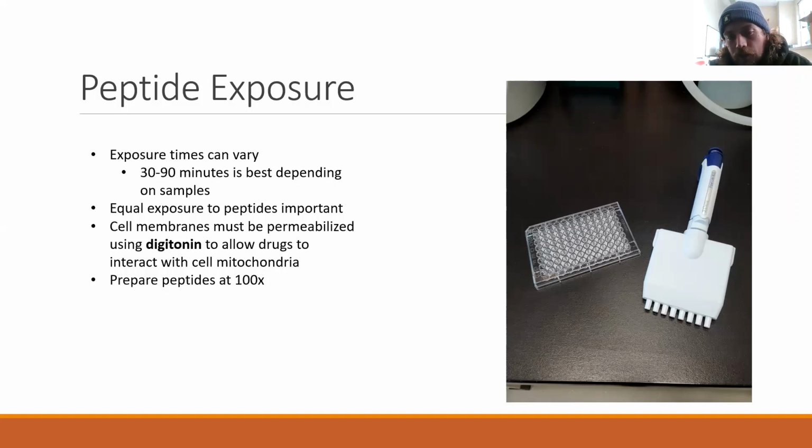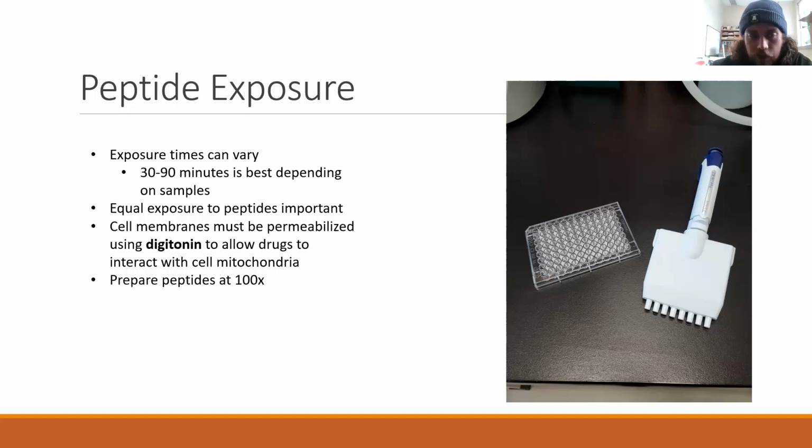This time can vary between 30 and 90 minutes. 30 minutes might be good for a primary sample that doesn't survive very long outside of culture, because if you wait too long, there might just be too much cell death. Whereas 90 minutes can better assess apoptotic priming in cells that are highly resistant to cell death. If I'm working with cell lines, I do something like 90 minutes for our exposure to peptides.